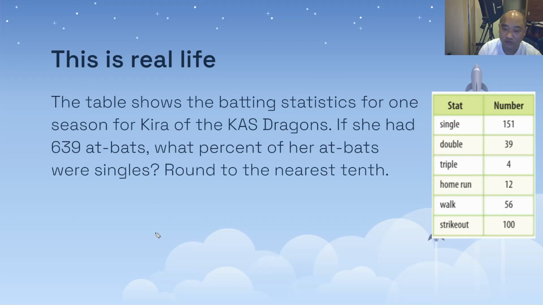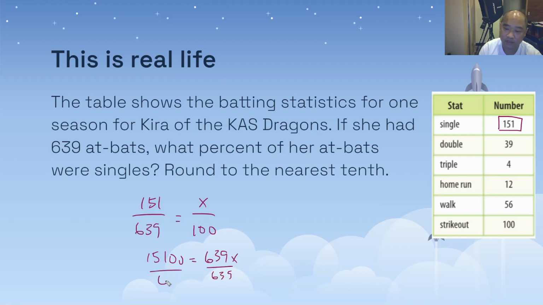If she had 639 at-bats, that's the total number of at-bats, right? What percent of her at-bats were singles? So singles was right here, 151. That's the part. And 639 is the whole, right? Because she went at-bat a total of 639 times. So 15,100 equals 639x.